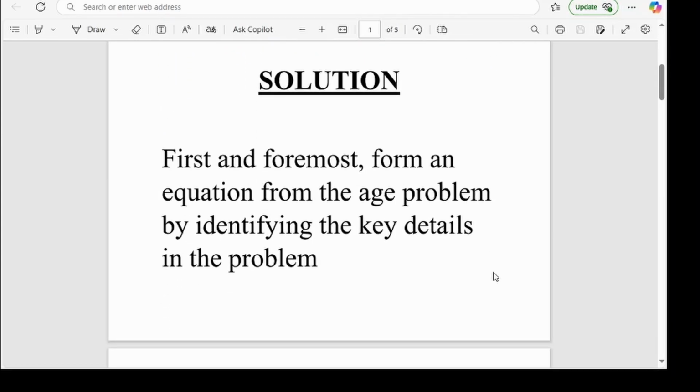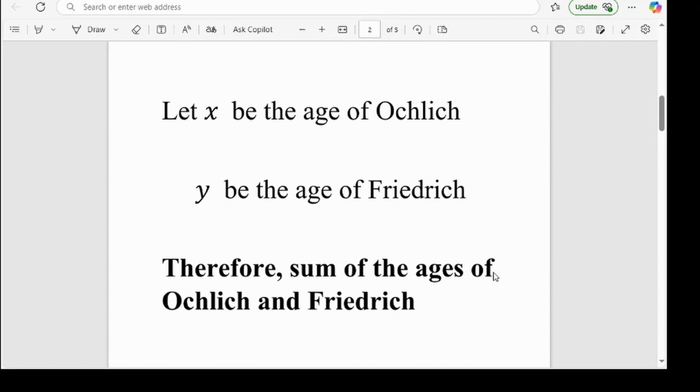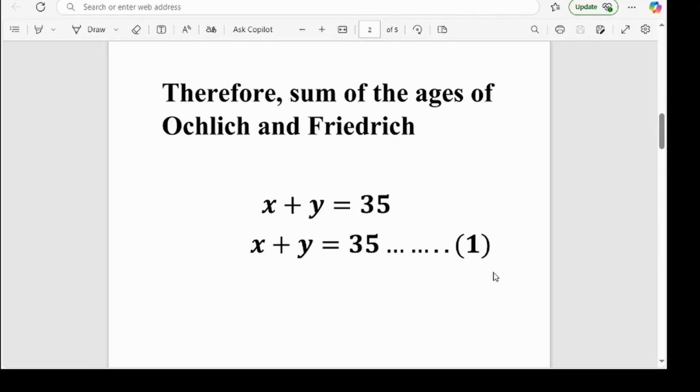Okay, so first and foremost, we form an equation from the age problem by identifying the key details in the problem. So let x be the age of Ocklish and y be the age of Friedrich. The question is demanding that the sum of the ages of Ocklish and Friedrich is 35.